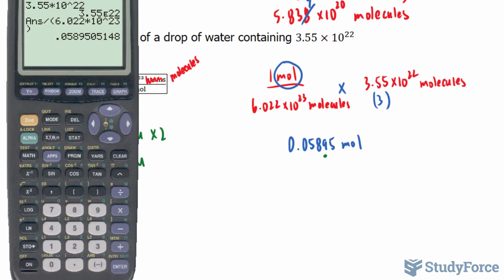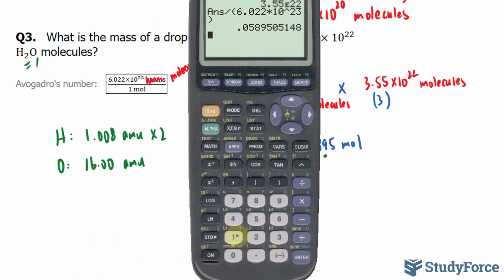Once again, I'll use my calculator. I have 1.008 times 2 plus 16.00, giving us 18.016.